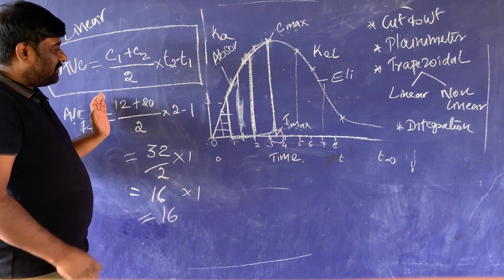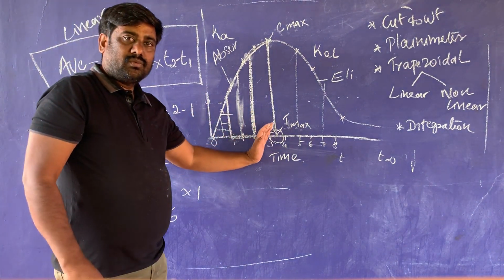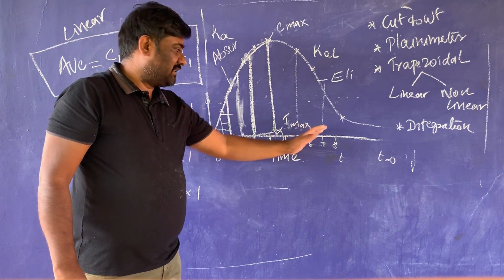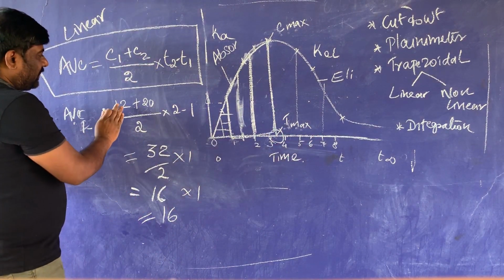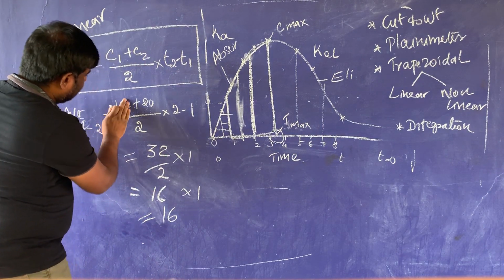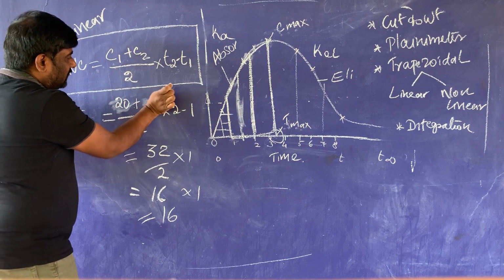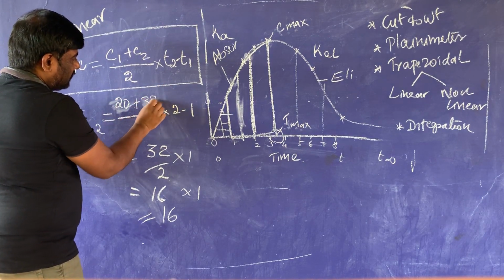So like that we have to keep calculating 1 to 2 hour, 2 to 4 hour, 4 to 6 hour, 6 to 8 hour, like that. So the next will be 20 to 38. So here will be 20 and next will be 38.